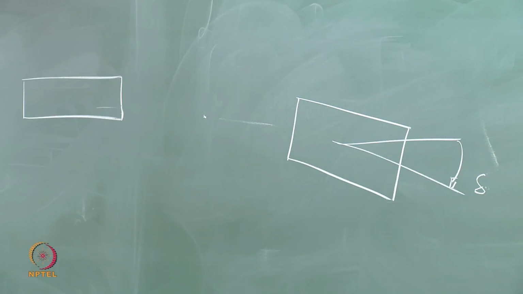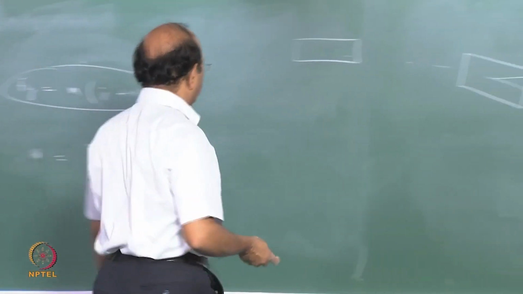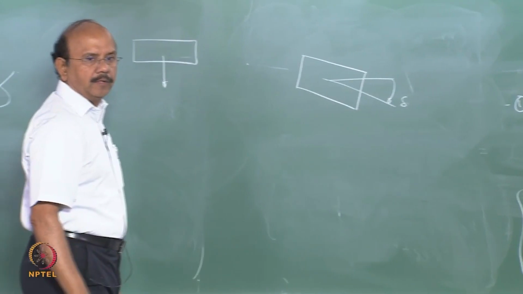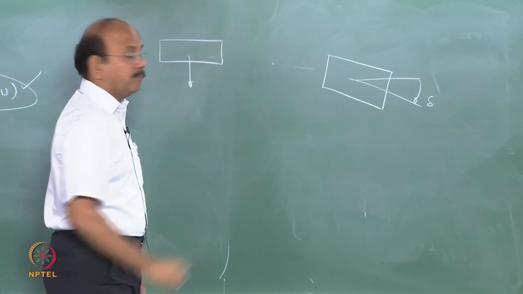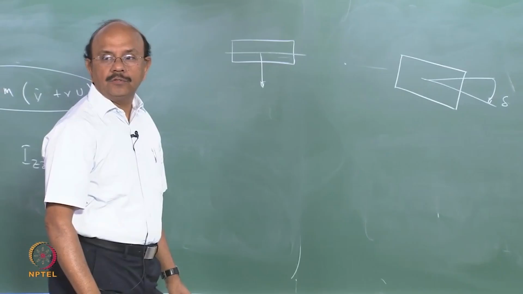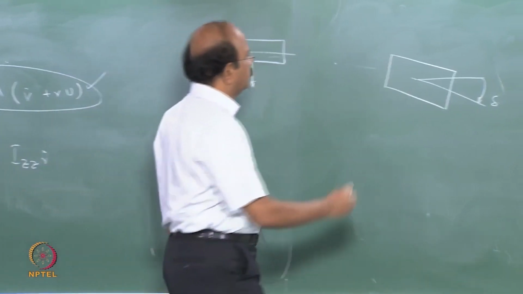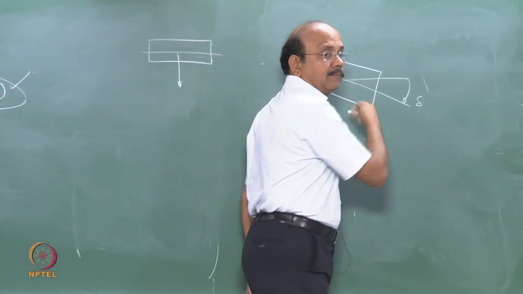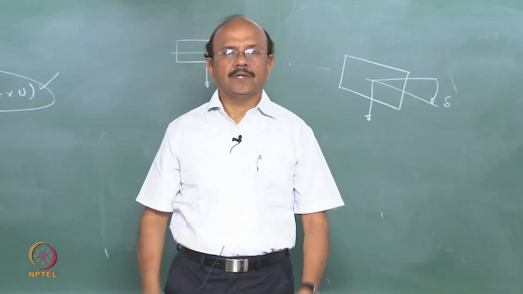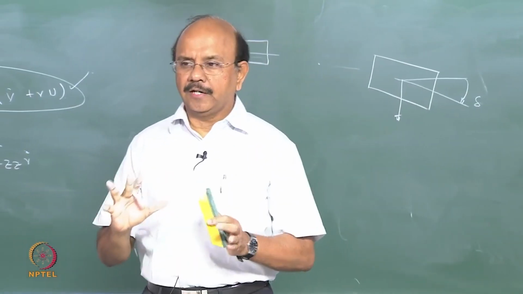Now, I'm taking a turn. When I take a turn, I will of course need this Fy which we have been talking about. And how is Fy generated? We have already seen that this is due to the slip angle. If this is the force that's acting, there are small angle differences which I'm going to neglect.